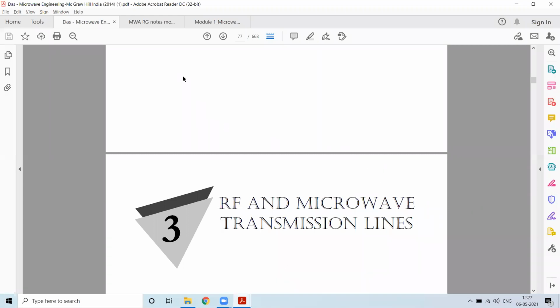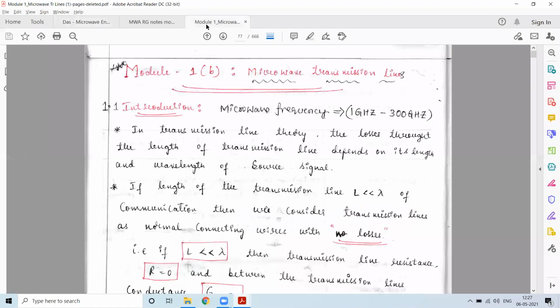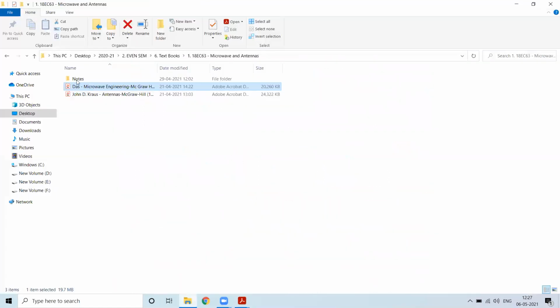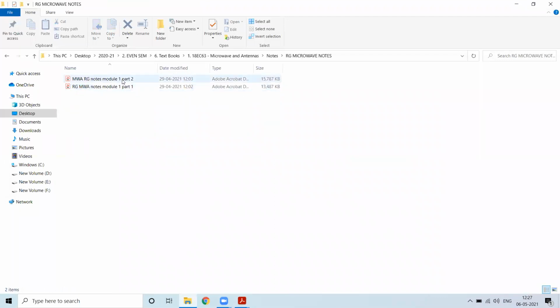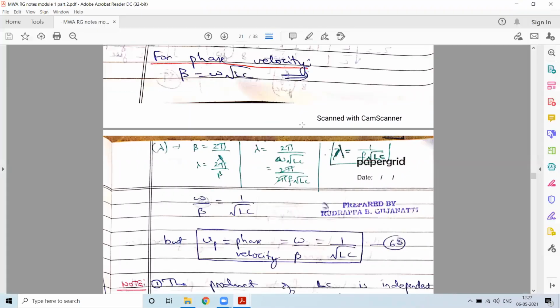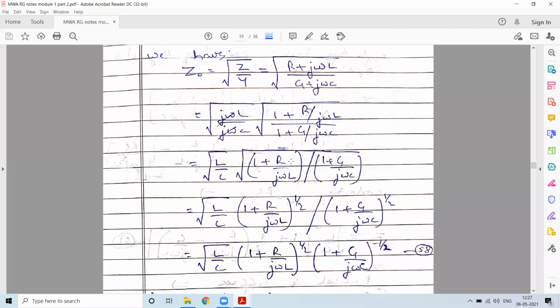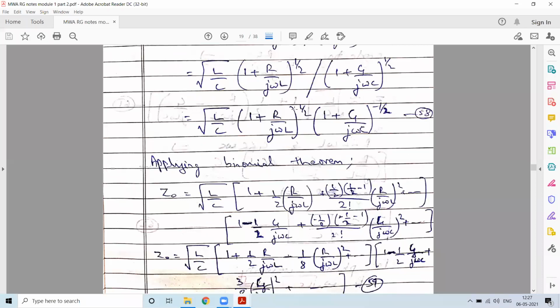So, in the previous session, we started off our discussion with respect to the solution to the transmission lines, in which we obtained the solution for intrinsic impedance, then alpha, that is the attenuation constant, and beta, that is the phase constant.